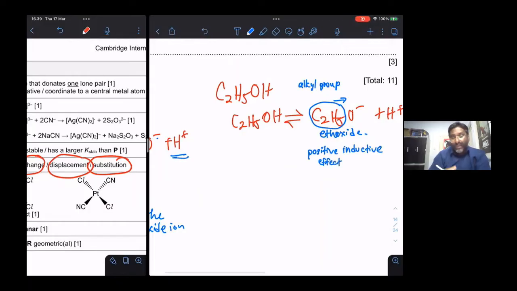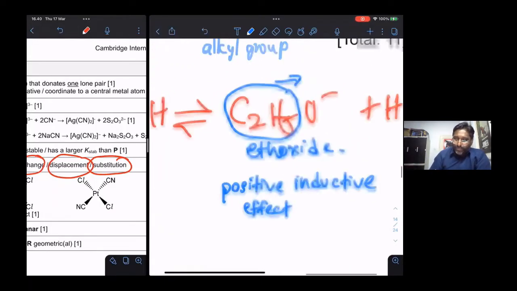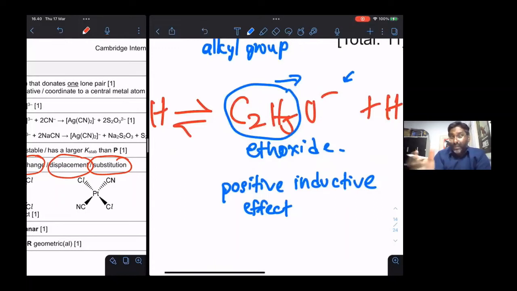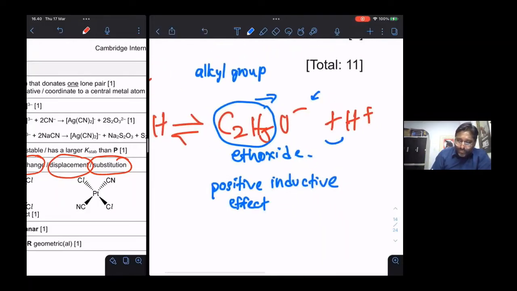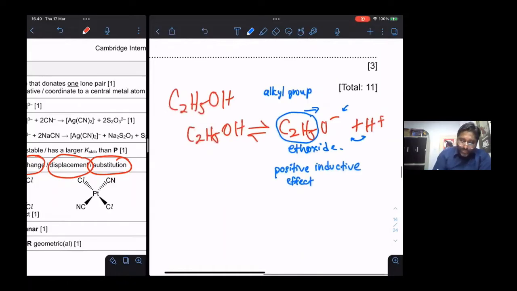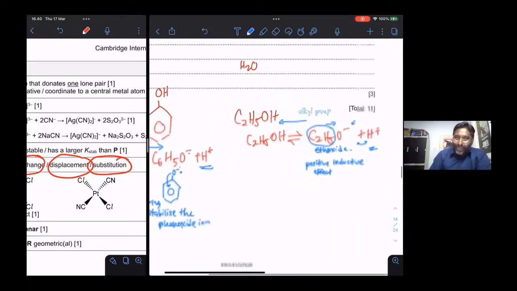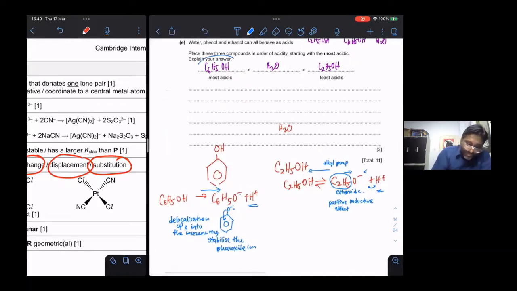It pushes the electrons towards the oxygen over here, making the charge more negative. When it's more negative, negative and positive like to react, so they will react and form C2H5OH. The position of the equilibrium will be shifted to the left because of the positive inductive effect. Because of that, there is less H+, making it less acidic. So the most acidic is phenol, the least acidic is ethanol, and the one in the middle is water.